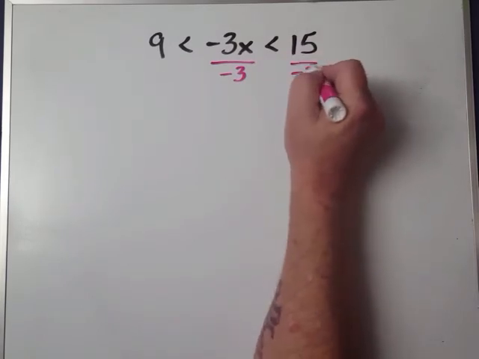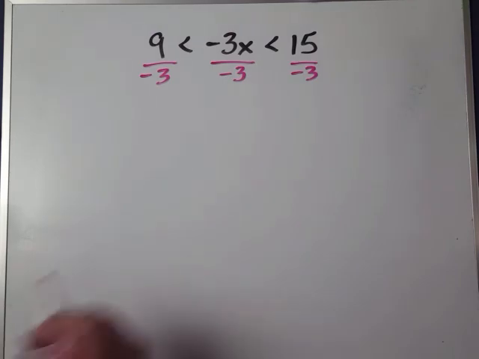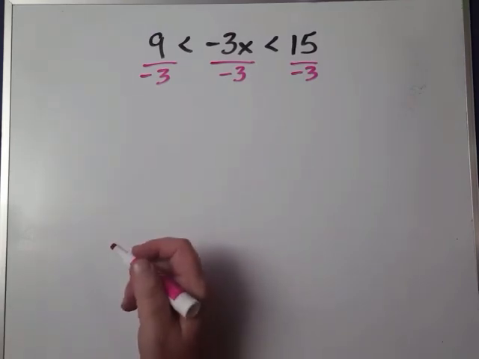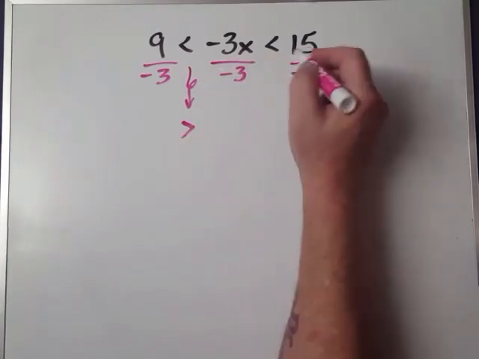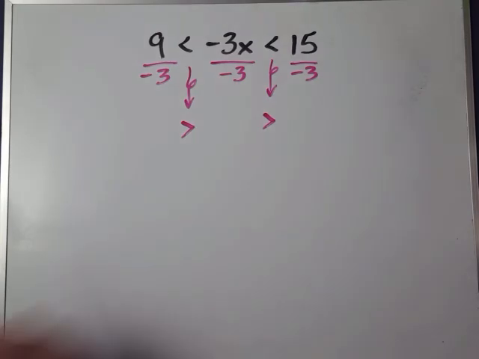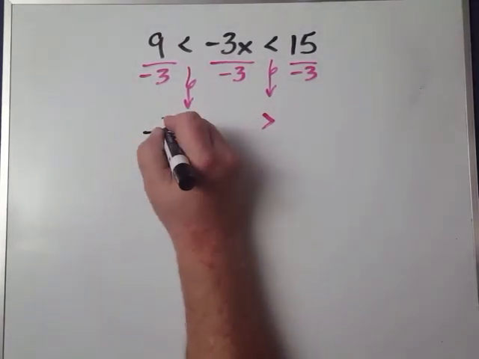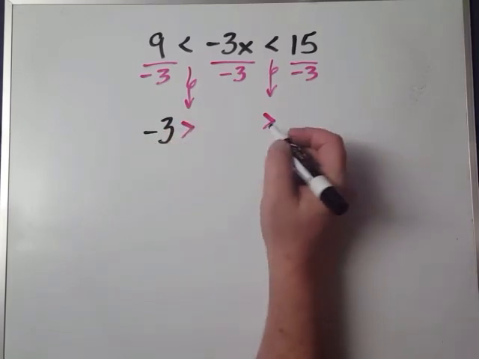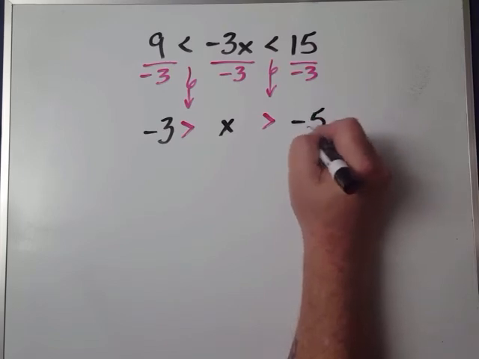What I do to one part, I must now do to all three parts. And on top of that, I'm dividing by a negative. That means I must switch the sense of my inequality signs. This will give me negative 3 is greater than x is greater than negative 5.